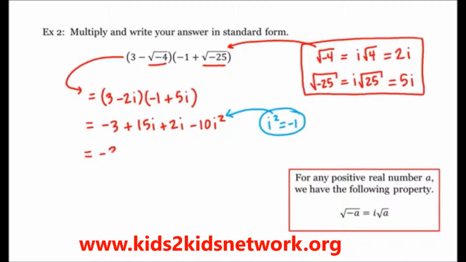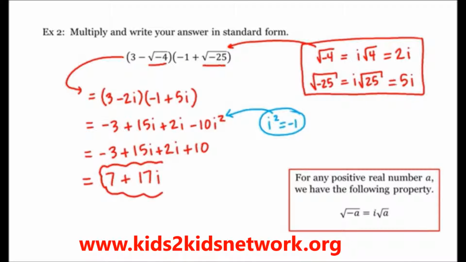That is, this is equal to negative 3 plus 15i plus 2i, and then minus 10 times negative 1, which is positive 10. And then combining like terms, we have the real part is negative 3 plus 10, or 7, plus the imaginary part, which is 17i. And this would be our answer.